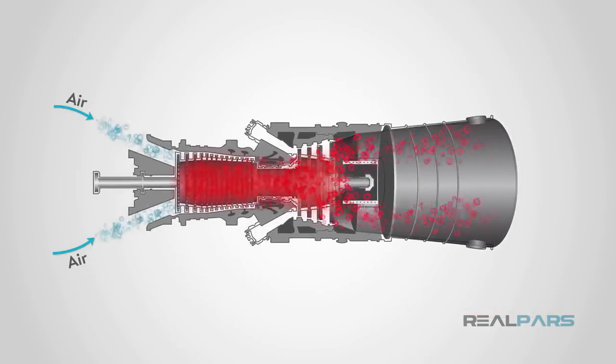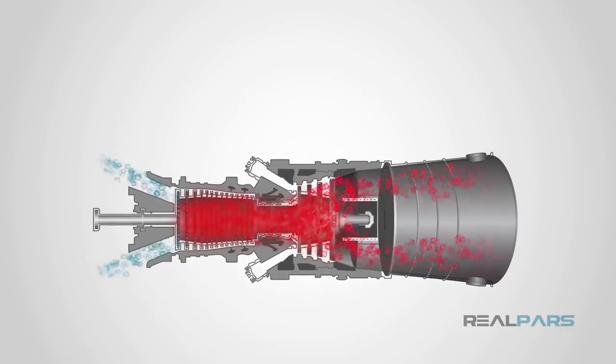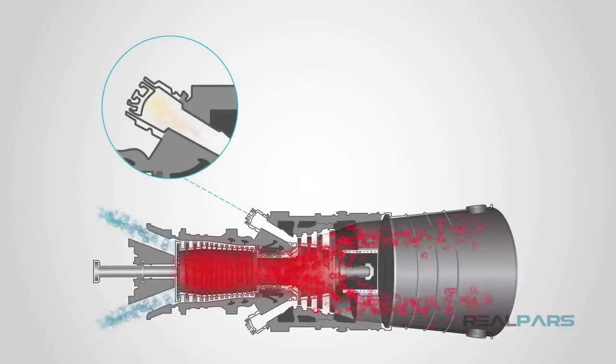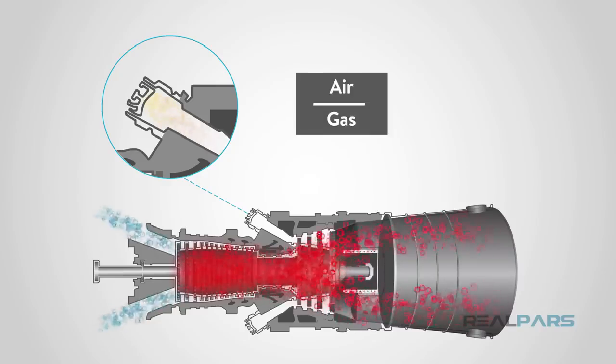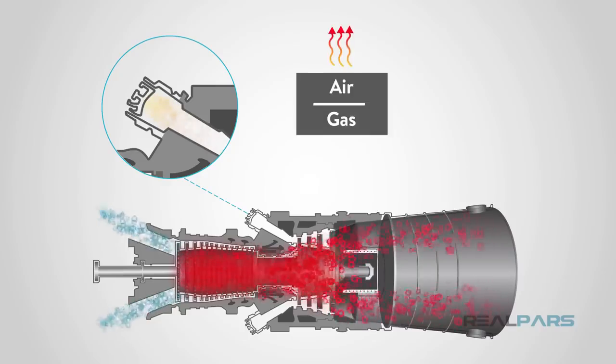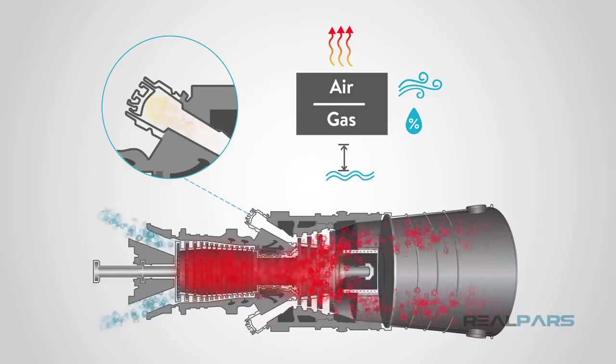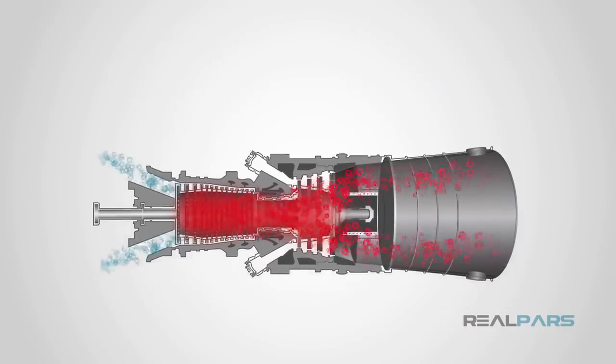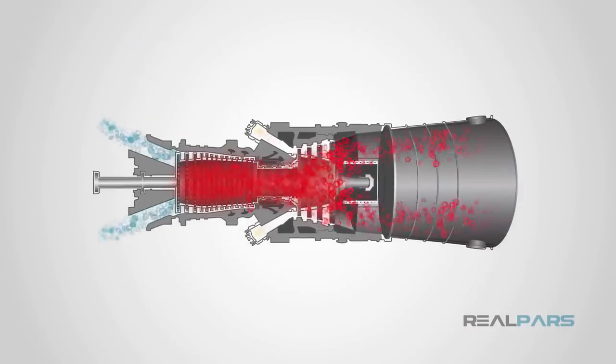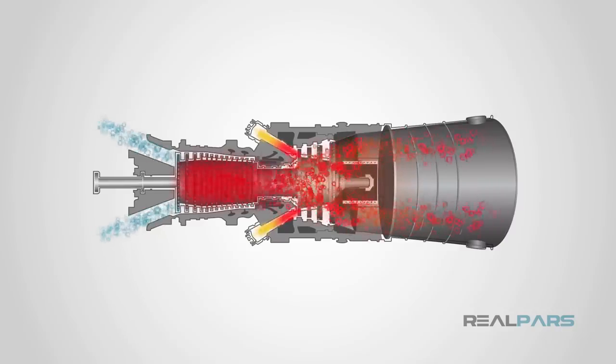Air is let into the gas turbine through an air intake and mixed with a proper amount of natural gas. The air-gas ratio is determined based on the specific heating value of the gas and quality of the air, amount of moisture, altitude from sea level, and so on. Now, an ignition system steps in and makes the initial sparks, whereby heat is provided.